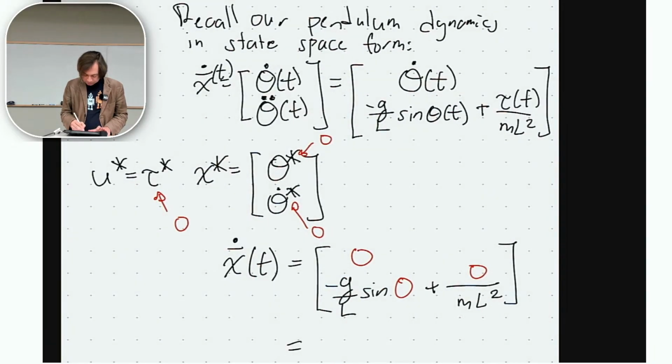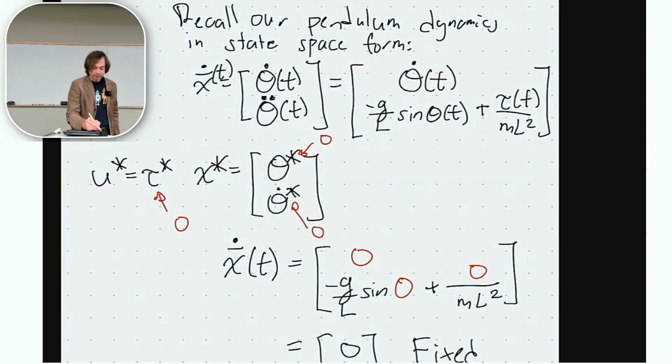Mathematicians will tell you that both of those values are 0, and therefore it is a fixed point. At that fixed point, your first state, angle, over time is not changing. Your second state, velocity, over time is not changing. Okay?